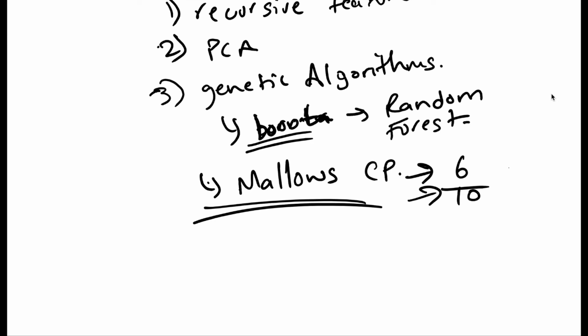Let's say if you have 40 variables, it may say that, based on Mallows CP, you should have 6 variables for your modeling. This would give you the best results. So that's another way of doing feature selection for your models.